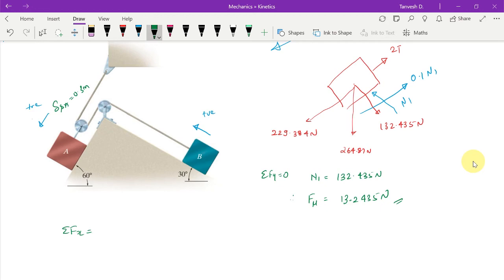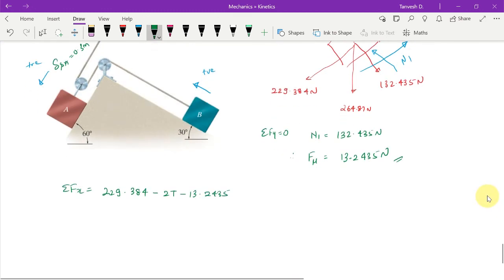Taking this as the positive direction, it is 229.384 minus 2T minus 13.2435. This is summation Fx.